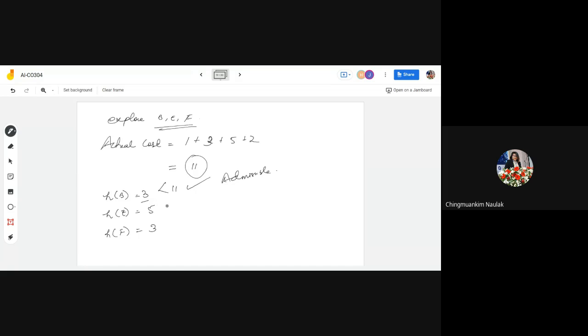This node is also less than 11, it is admissible. This node is also less than 11, so admissible. Therefore h of n is less than or equal to h dash, and hence it is admissible. That's how you prove it.